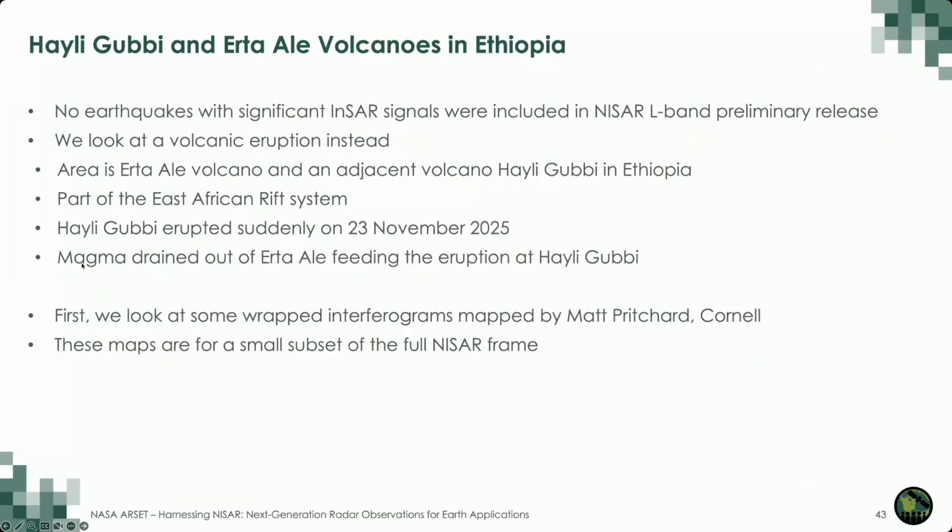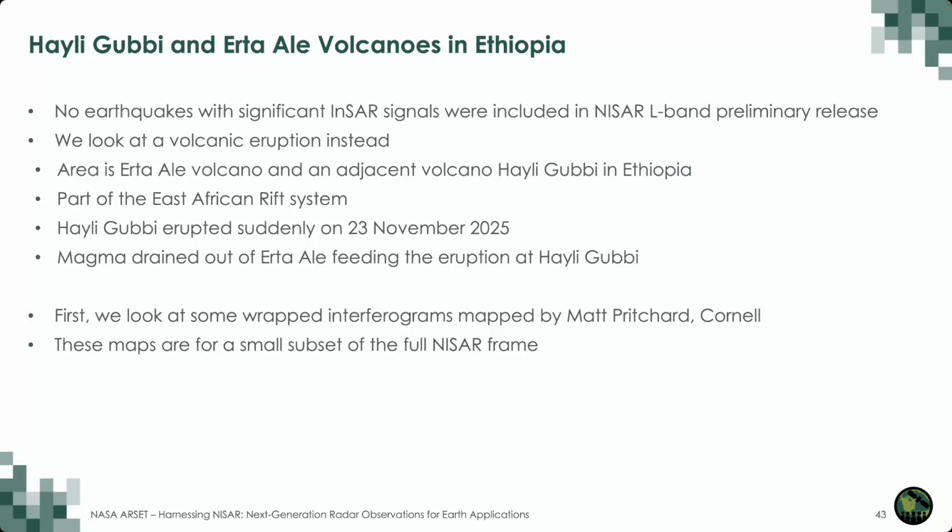What we can see in the interferogram is that, in fact, the magma drained out of the Erta Ale volcano, and the Erta Ale volcano actually had a dike that contracted, and that magma then moved into Hayli Gubbi and erupted in a quite explosive eruption that spread ash over a large area, and it even sent ash into the stratosphere. So there were ash clouds that blew far to the east after this eruption.